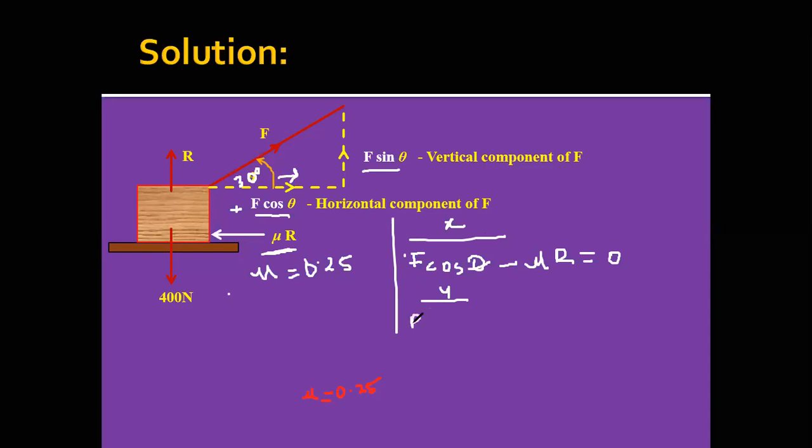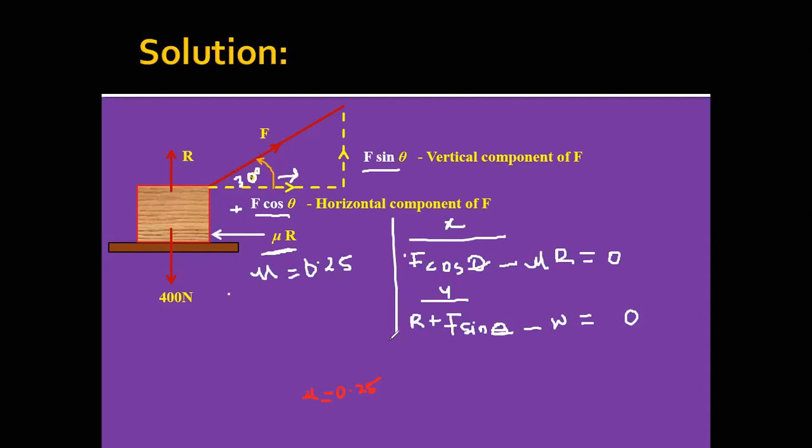We have R, which is positive because it's up. We have F sine theta, which is also positive because it's also up. Then finally you have weight, which is 400 Newton, negative, and the sum is equal to 0, because the body is still not moving. It's in a state of equilibrium.